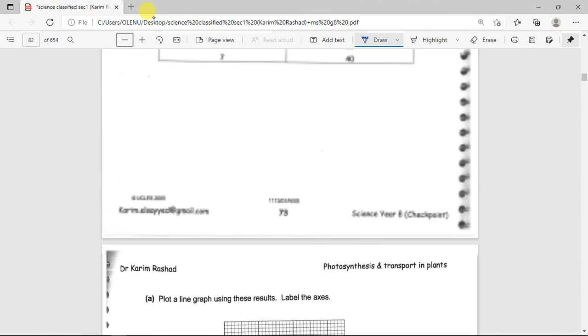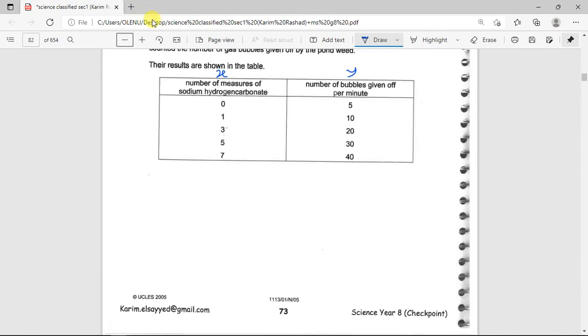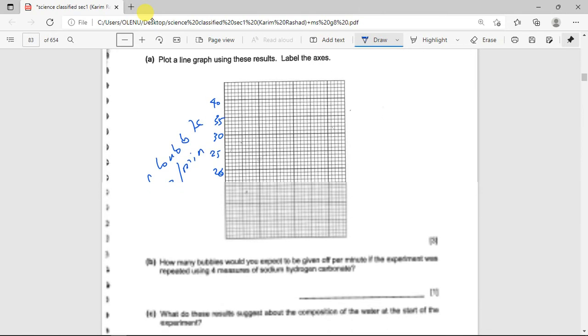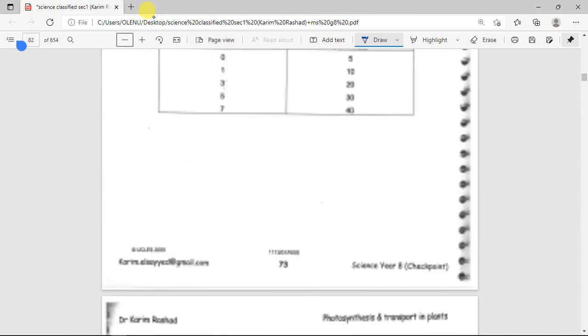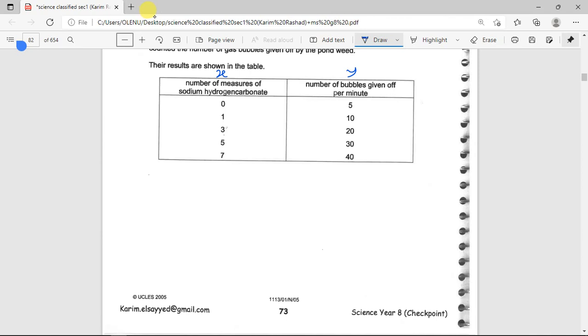Now it's for me to plot. At 0, I have 5. At 1, 10. At 3, I have 20.